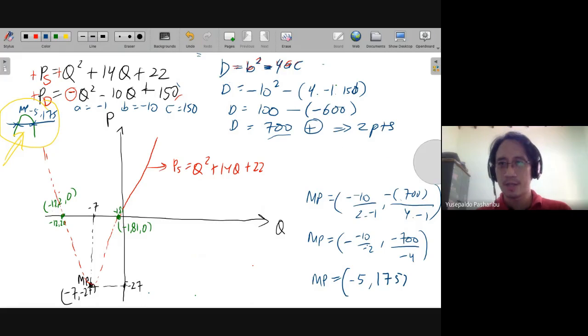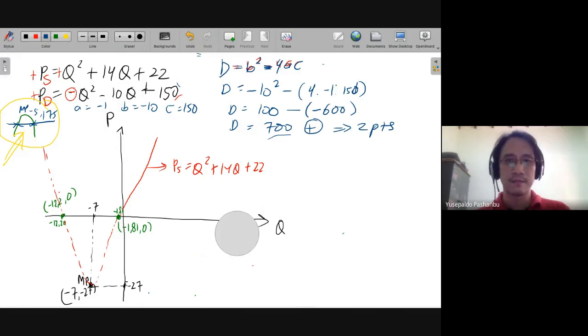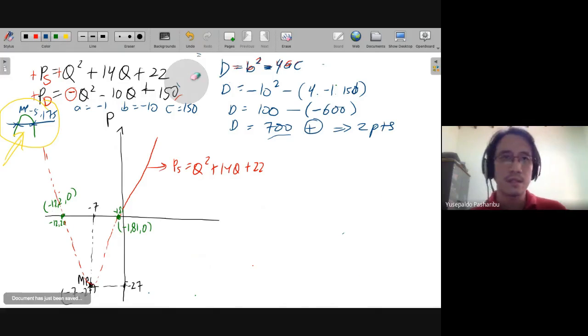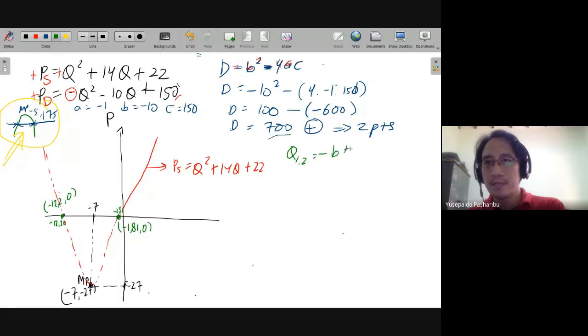And then because there are 2 square roots or Q, we can also find out Q1 and Q2 using green. Q1,2 equals minus B plus minus square root of B squared minus 4AC, divided by 2A.